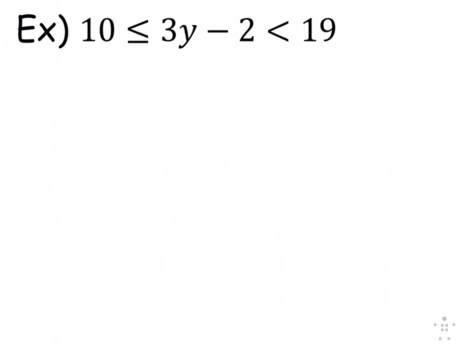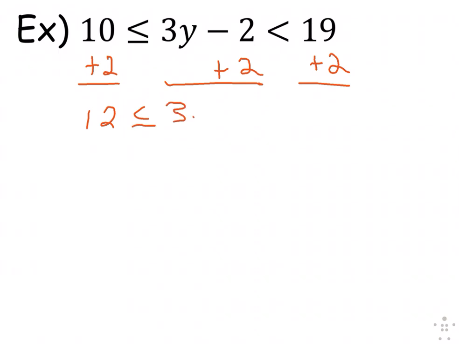In this example, we are presented with a concise version of an and compound inequality, a conjunction. So the shortcut here is to add 2 to all parts and then carry all 3 down. So we will have 12 is less than or equal to 3y is less than 21.